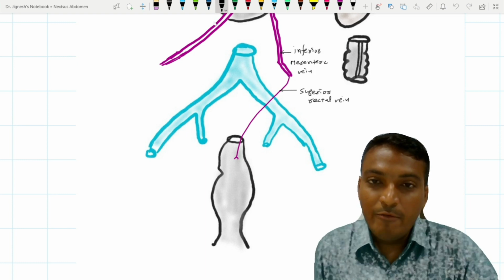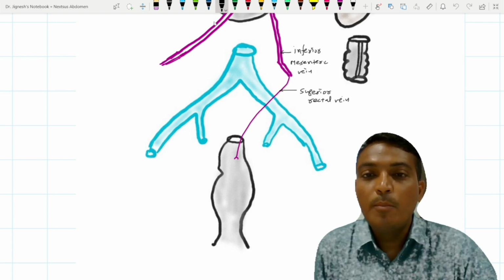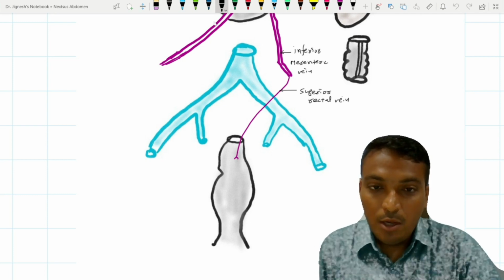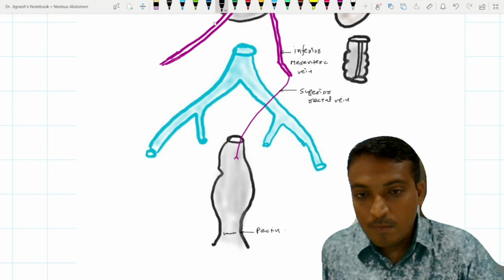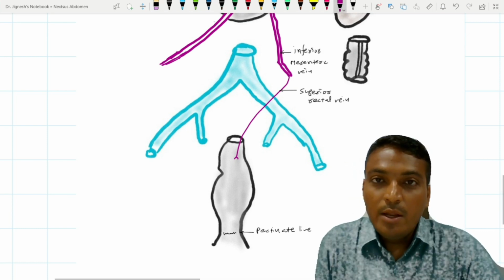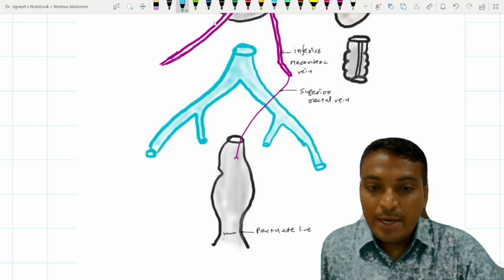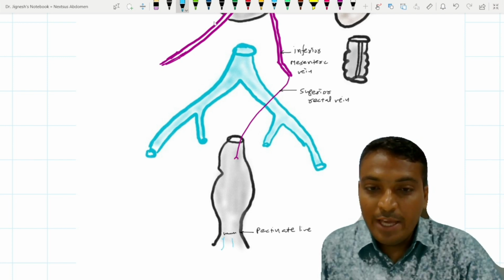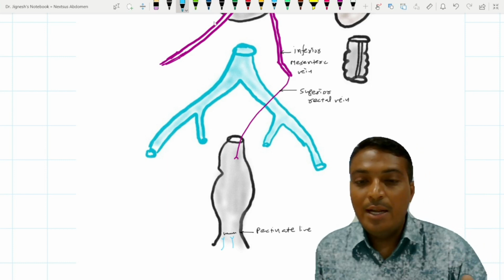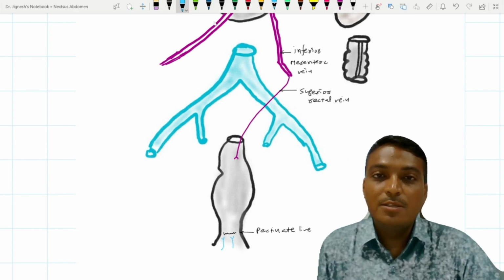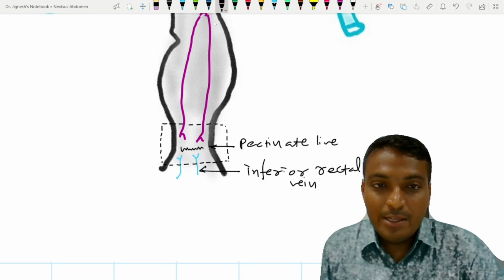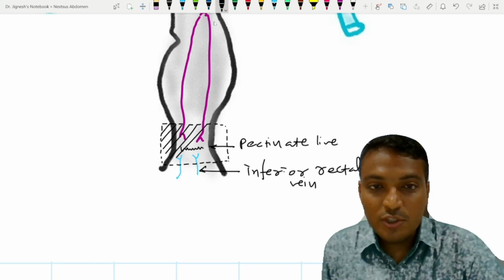So the superior rectal vein ultimately drains into the portal system via the inferior mesenteric vein, while the lower part of the anal canal below the pectinate line drains into the inferior rectal veins. These inferior rectal veins ultimately drain into the internal pudendal vein and into the vena cava system. So this is the site where the portal and the systemic anastomosis occur.